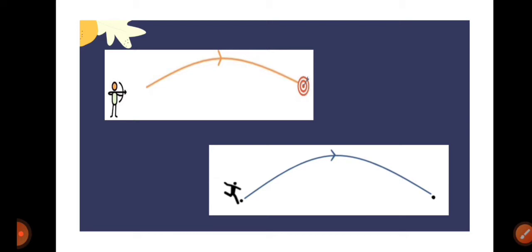So, when an arrow is fired, the arrow forms a curve until it stops at the target. Hence, the direction of a shot ball is one of the applications of quadratic equation in daily life.